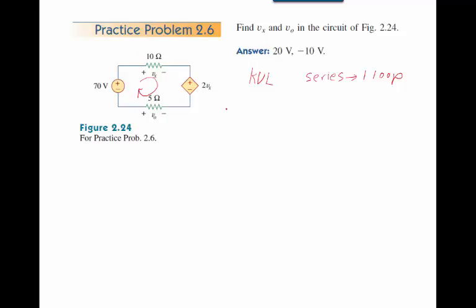So it's a minus 70, and over here is going to be a plus, because I hit the minus sign first on one and the plus sign first on this one, and there's going to be a plus to Vx. I know I'm kind of going out of order here, but it's for a reason. Your voltages, you just go around the loop and take the signs as they come.